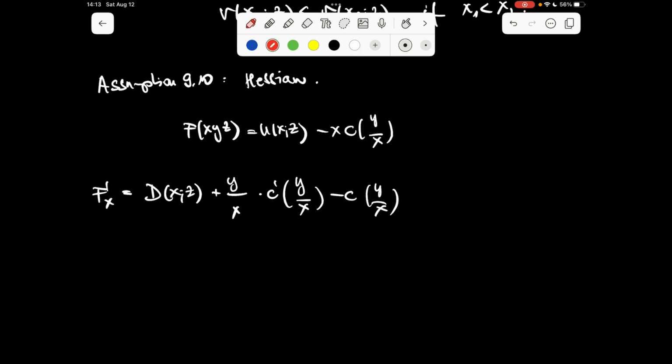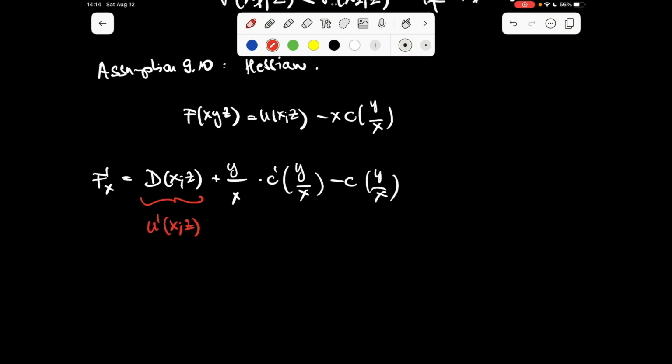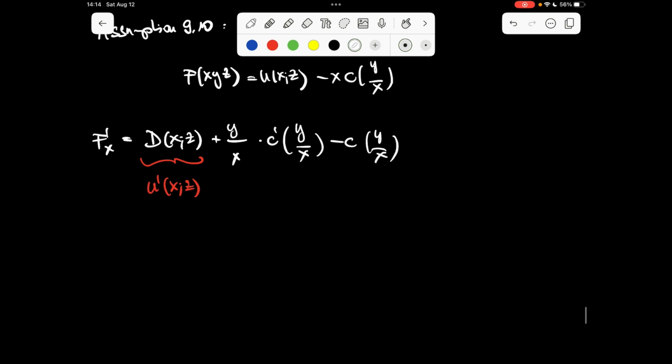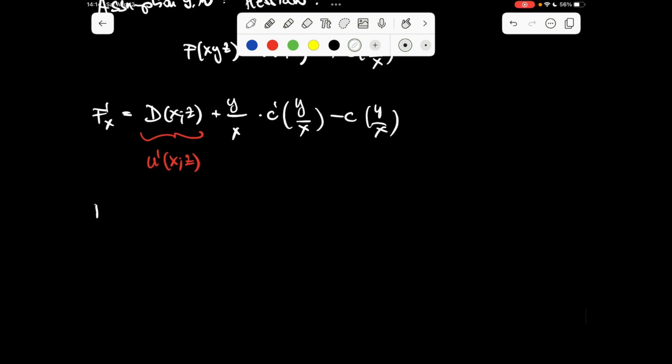Please note that the first derivative of the utility function is the market demand function, because the utility function was the area under the demand function. Alright, so this is what we have.